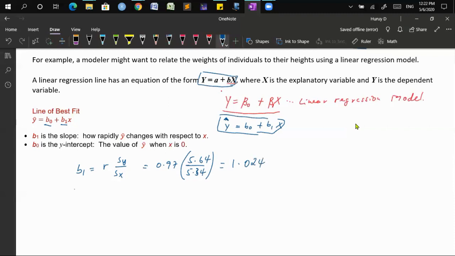And then b sub naught is given by y bar minus b1 x bar.